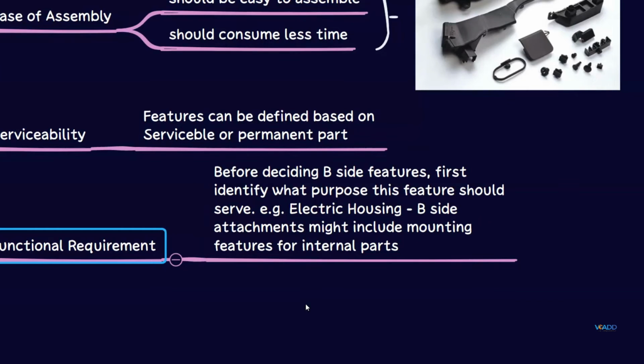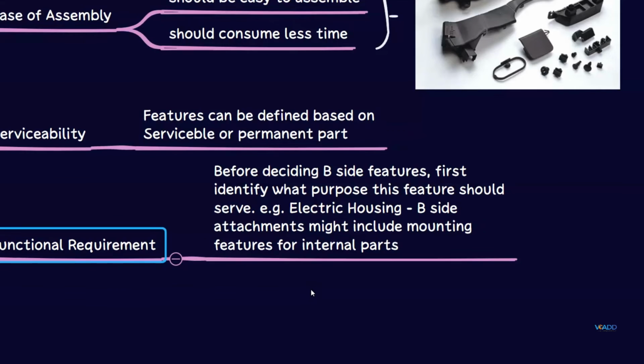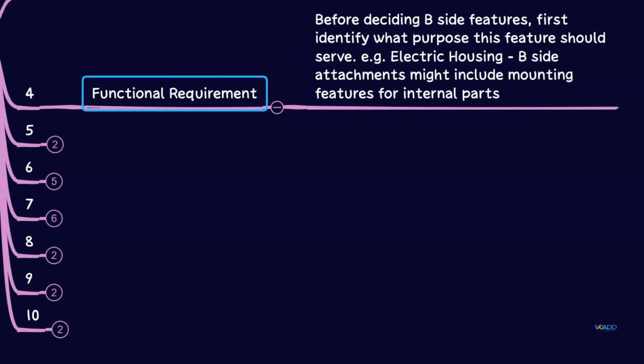There are a lot of internal parts mounted on the B-side features, so you have to consider that also. What is the functional requirement of your feature? If you are designing the feature, what purpose should that feature serve? That is the important factor.